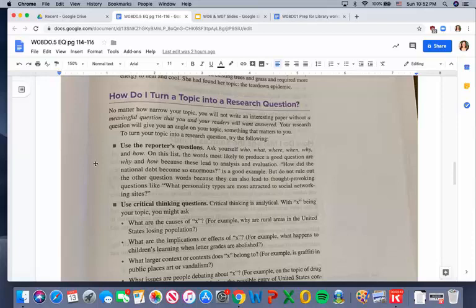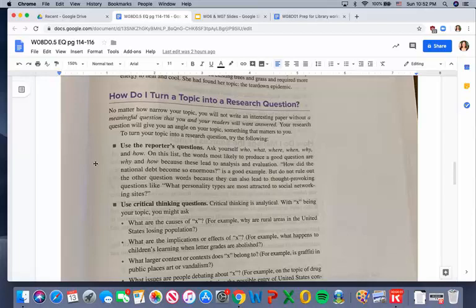Use reporter's questions. Ask yourself who, what, when, where, why, how. On this list, the words most likely to produce a good question are why and how, because these lead to analysis and evaluation. How did the national debt become so enormous is a good example.